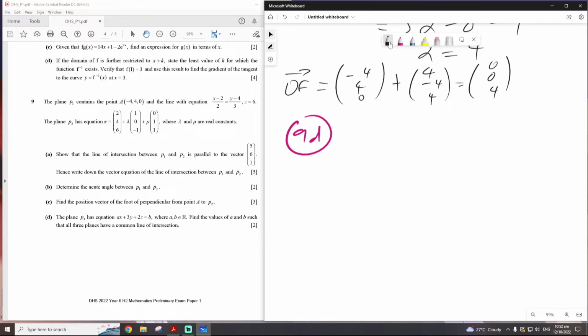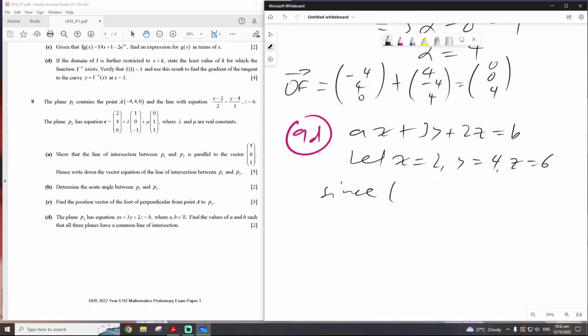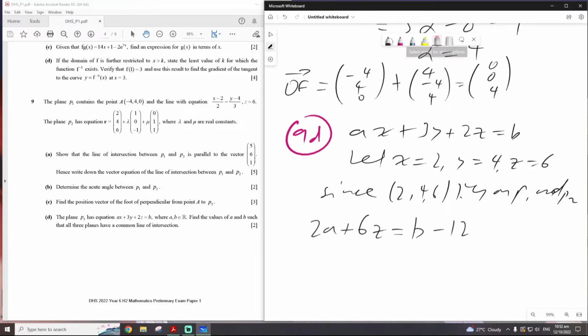So we'll sub in (2, 4, 6). Let x equal 2, y equal 4, z equal 6, since (2, 4, 6) lies on P1 and P2, right? You'll get 2a plus, oh, sorry, 2a plus, no, sorry.